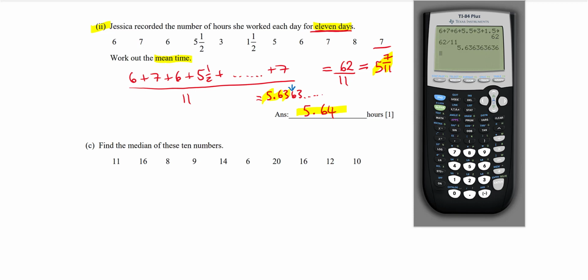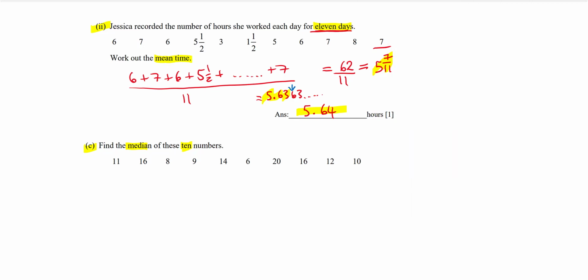Now for question 4c, we have to find the median of these 10 numbers. Okay, so when you want to find the median, we put the numbers in order first, and then we take the middle number. Okay, so putting these in order, well, our smallest number looks like 6.